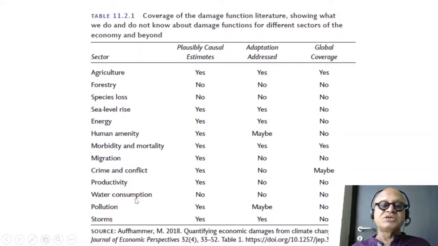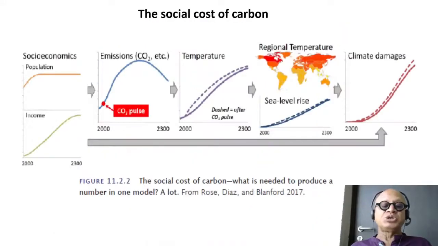Productivity, probably much easier. Water consumption, surprisingly, not done yet. Pollution, storms. I wanted to go through this because you can see the range of market and non-market goods, and you can begin to think of the difficulties you would face in coming up with quantitative estimates of economic damages from climate change.